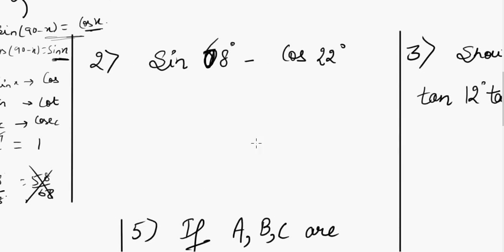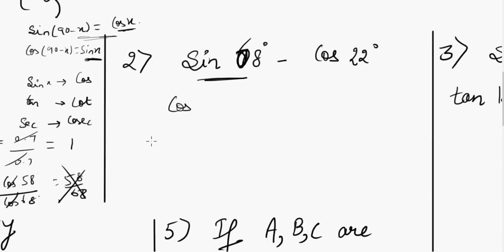Now let us move on to the second question. It says sine 68 degree minus cos 22 degree. Friends, again let us apply the complementary rule on the first part, the left hand side, and we get that sine of x is cos of 90 minus x.